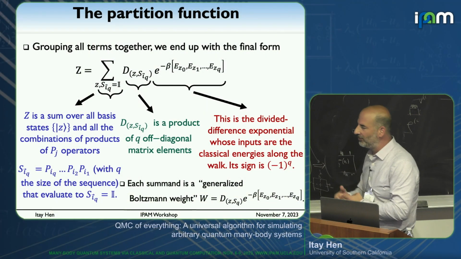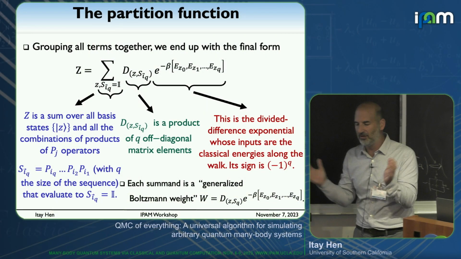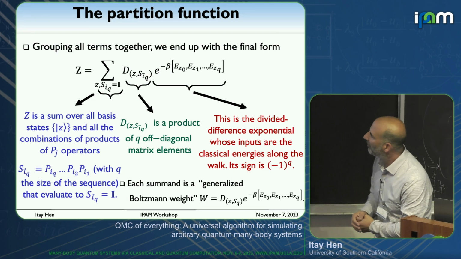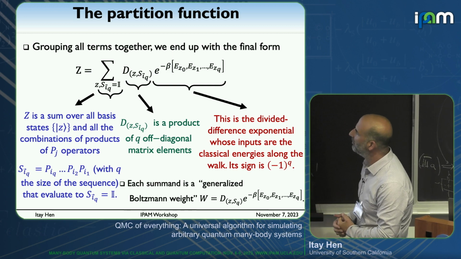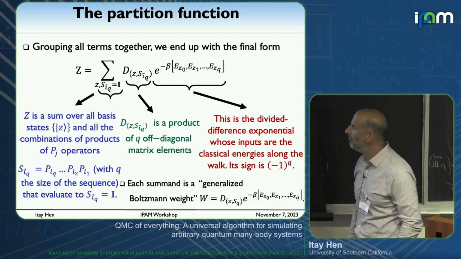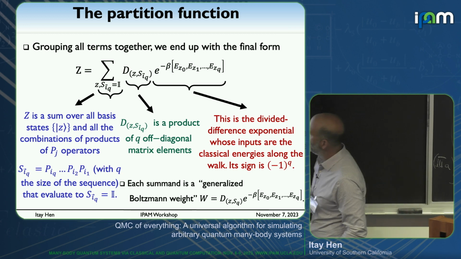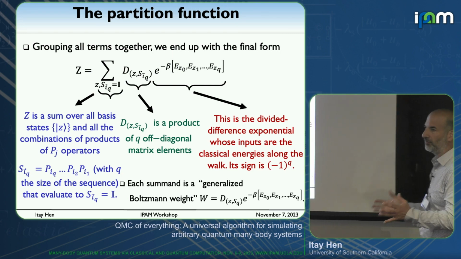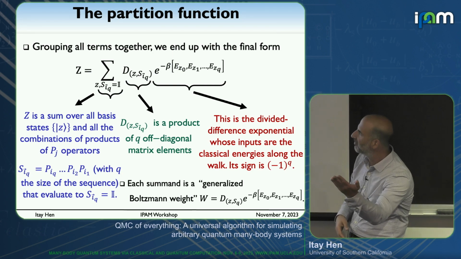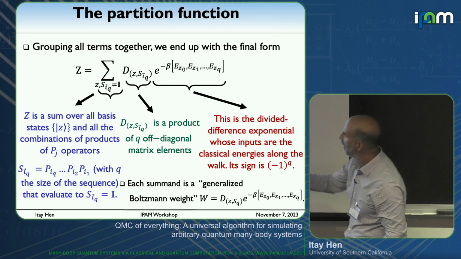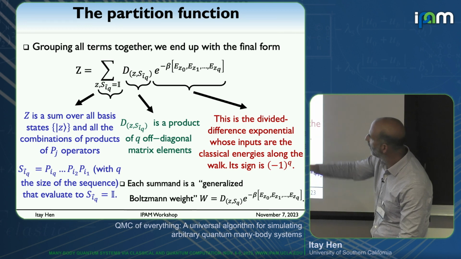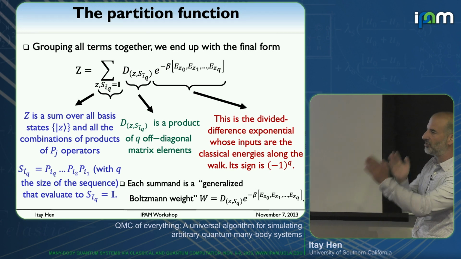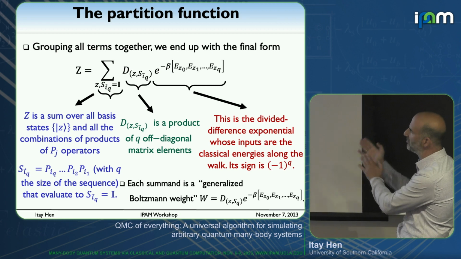So now I want to go back. Now that we have compactified all those contributions, we have a way to write the partition function as a sum of terms. It's important to first understand that we are summing over configurations, and the configurations are pairs of a basis state and a product of permutation operators. I call them S with this vector index I. It's a multi-index that tells you which permutation goes at which index.